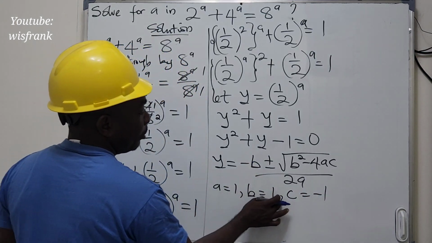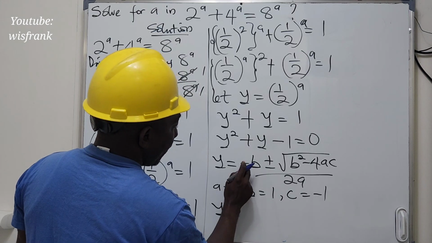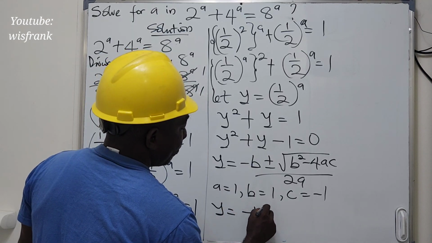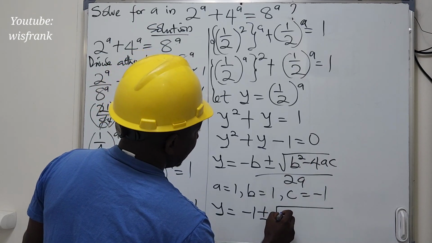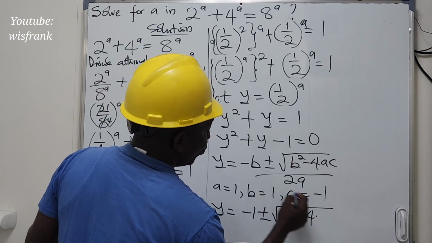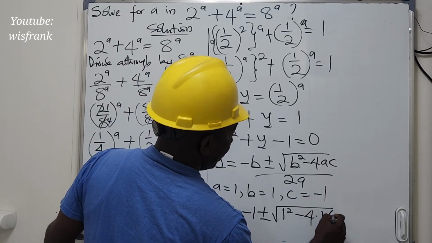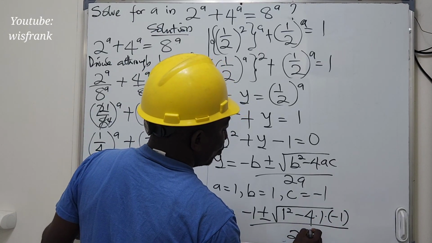So substituting these parameters, y will be equal to minus b, which is minus 1, plus or minus the square root of b squared, which is 1 to the power of 2, minus 4 times a, which is 1, times minus 1, which is c, all over 2 times 1.